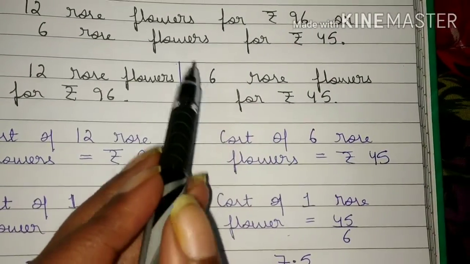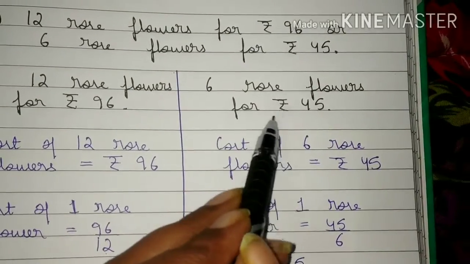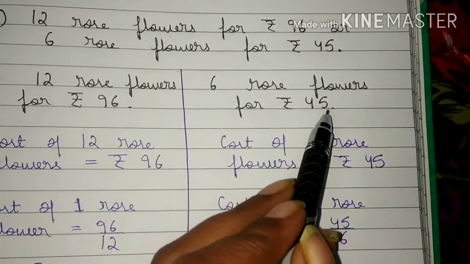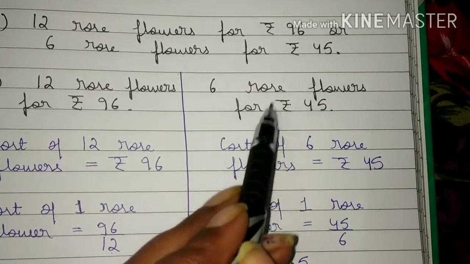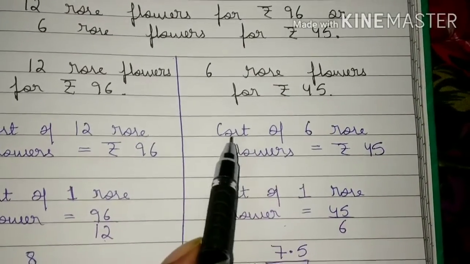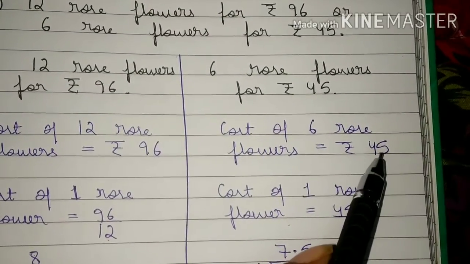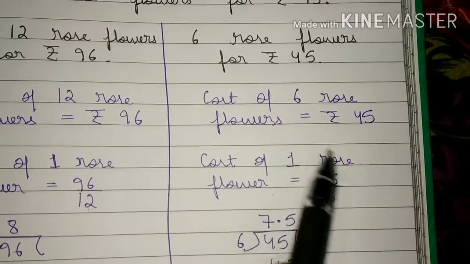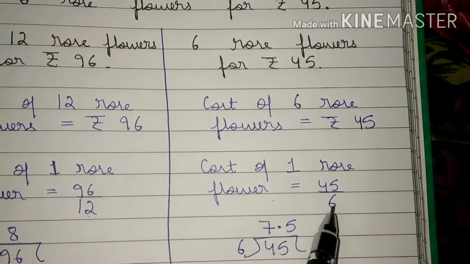Now, second deal is 6 rose flowers for rupees 45. It means cost of 6 rose flowers is rupees 45. So, cost of one rose flower is 45 divided by 6.